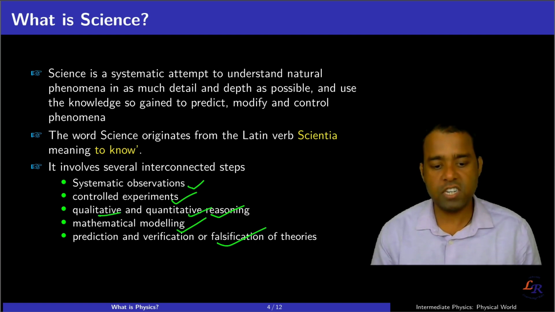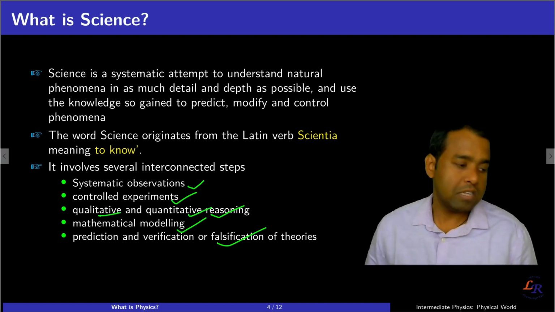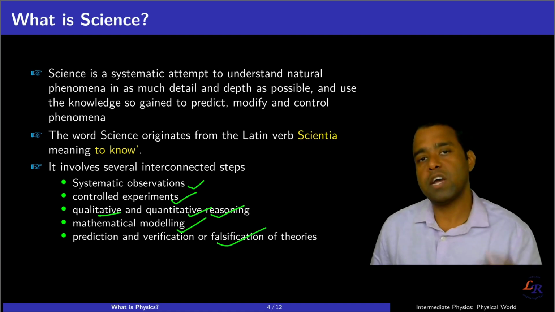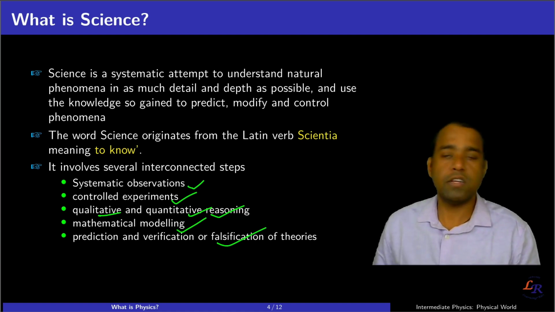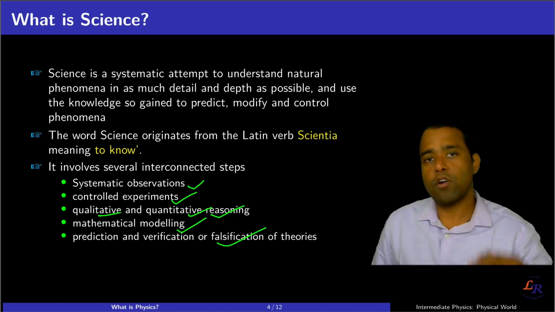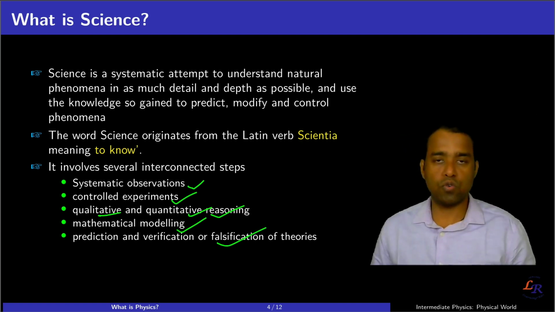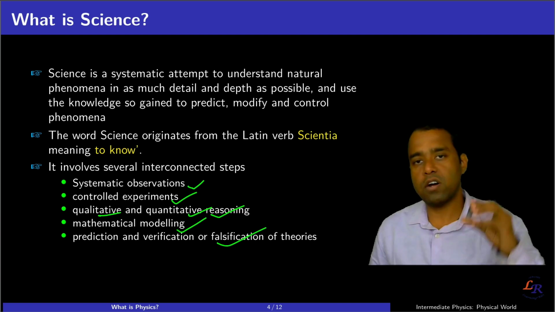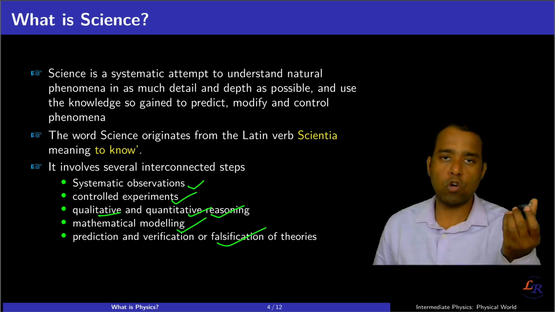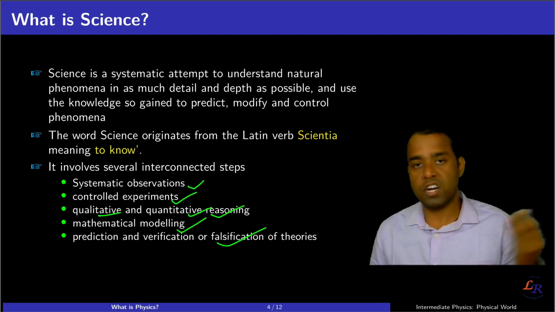Then come the terms qualitative and quantitative reasoning. What it means is that when you are dropping an object, you decide, for example, to drop it from a 10-meter height or a 20-meter height; you made a quantitative approach, right? And also you are dropping a heavy mass, for example a 2 kilogram object, a 3 kilogram object, or just a 100-gram object.